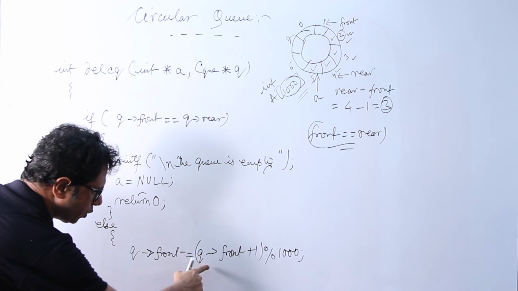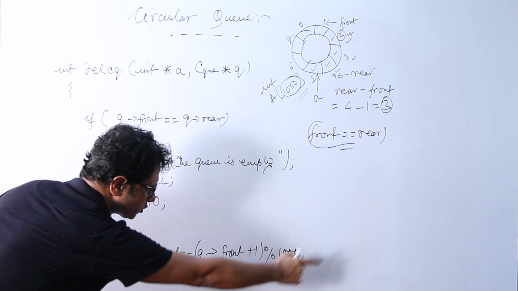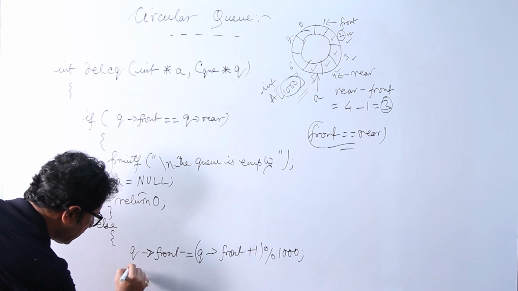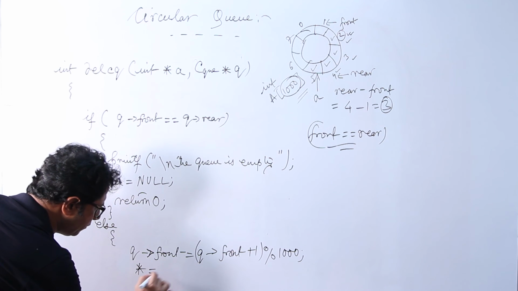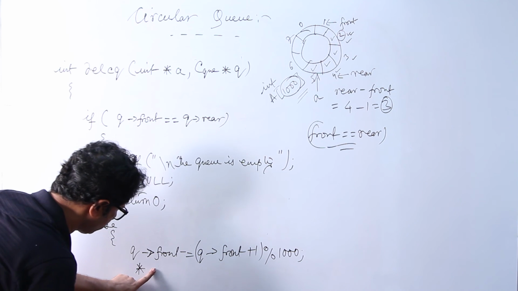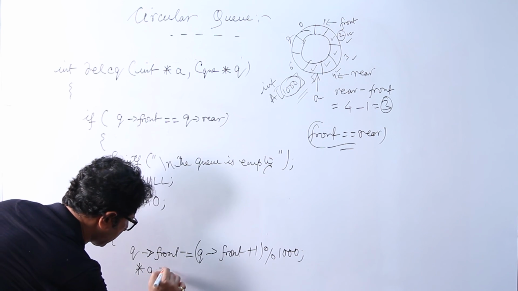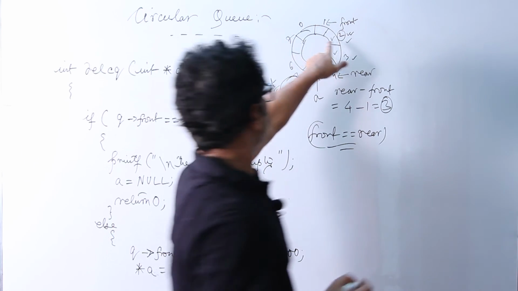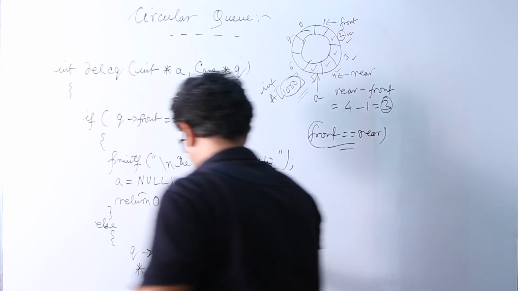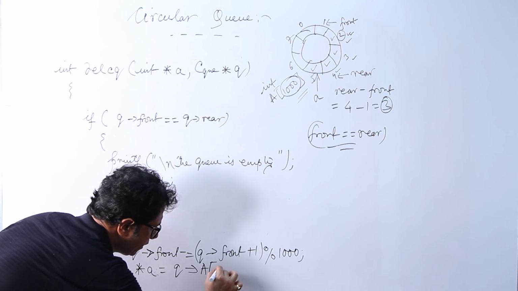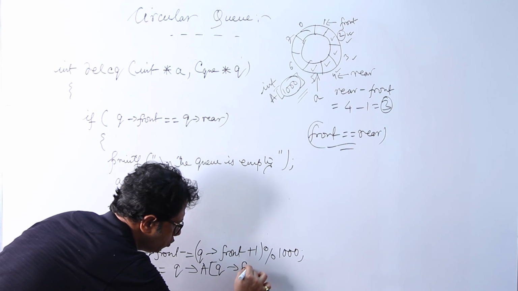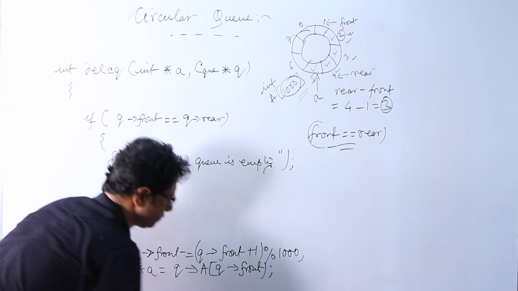Q front is equal to Q front plus 1 % 1000, and after that we will put the item into star A, that is, whatever is in the Q front now: star A is equal to Q arrow A, square bracket Q front.